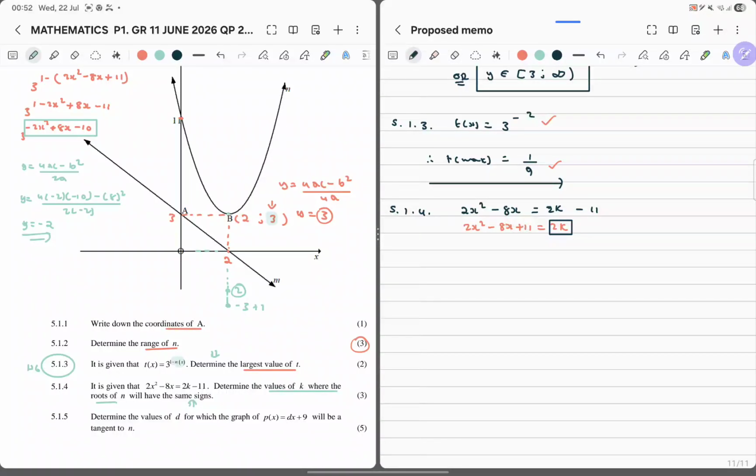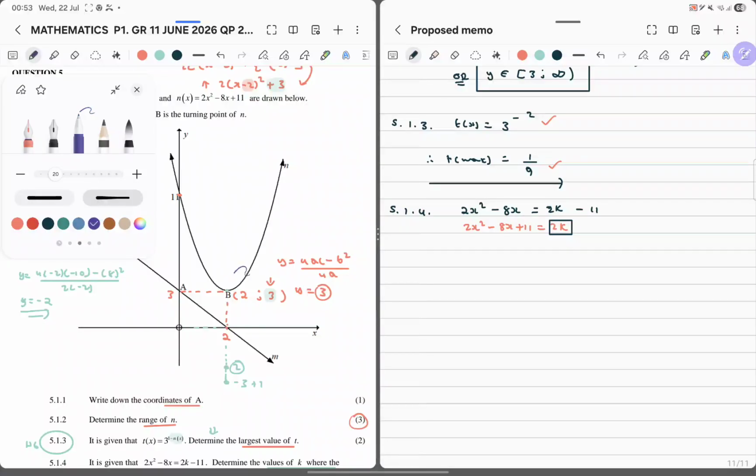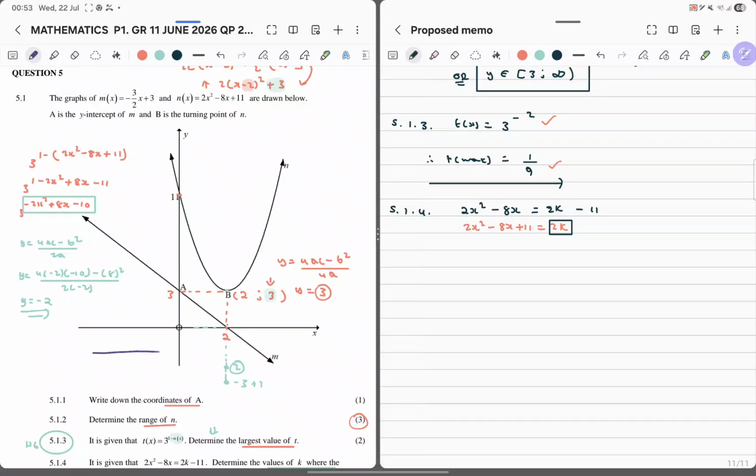Now we can see that the parabola as it was given is equal to a horizontal line, because k is a constant. Even if we multiply it by anything, it will still be a constant. So our line is something like this, a horizontal line.